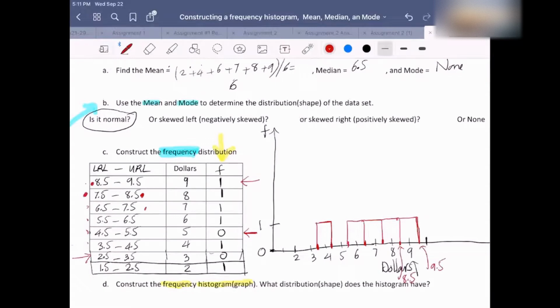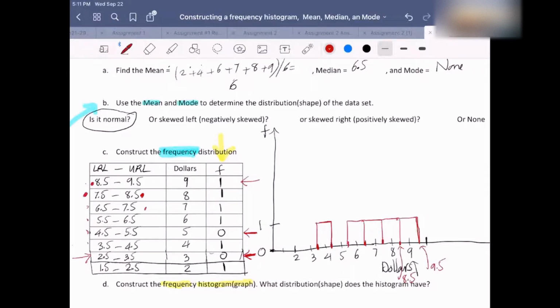All right, does it have a bar there or no? No, right? Since the frequency of number 3 is 0. If you look at the line of number 3, the frequency is 0. So that means that you don't need to draw anything for number 3, okay?